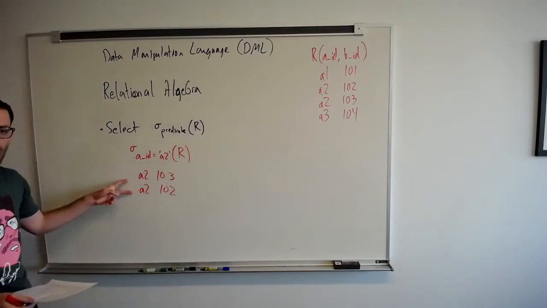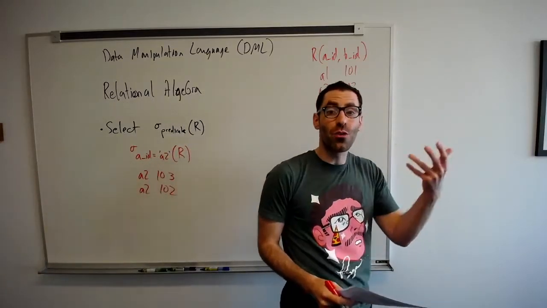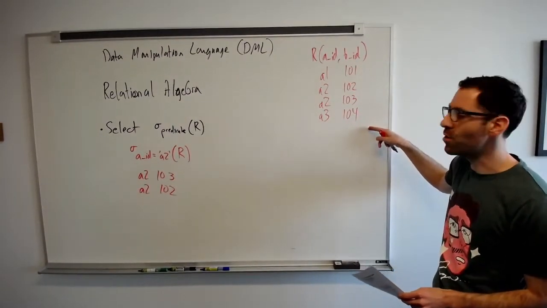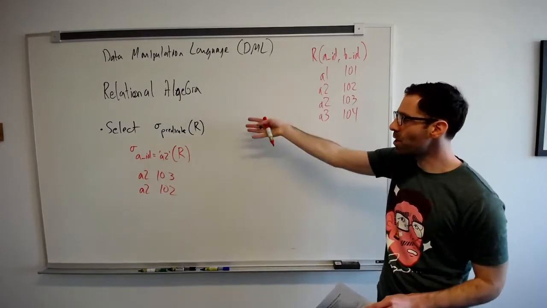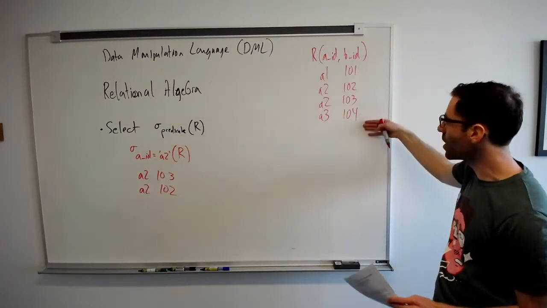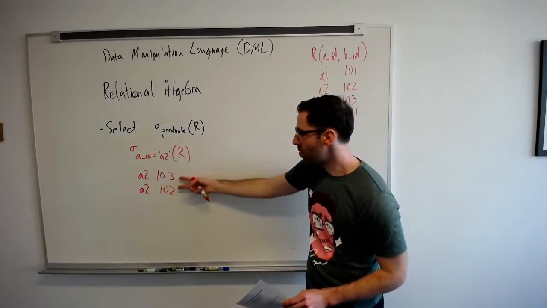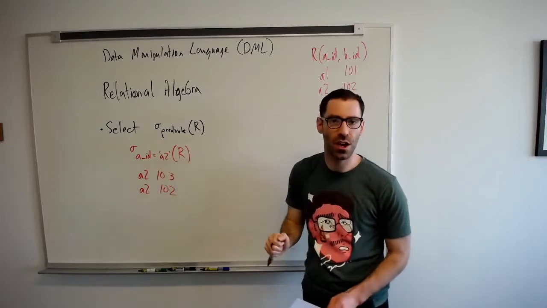Why are these in the other order? Because our relations are unordered sets, even though I have drawn them in a given order here, there's nothing about the relational model or the relational algebra that says they're in a specific order. And so this would be a valid result to this select operator.